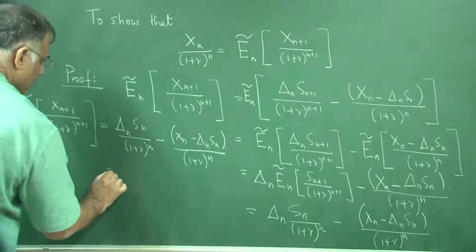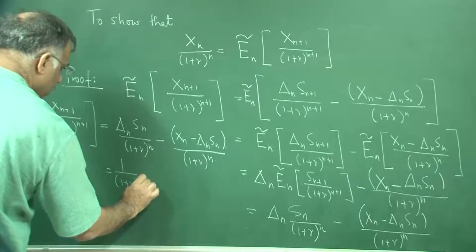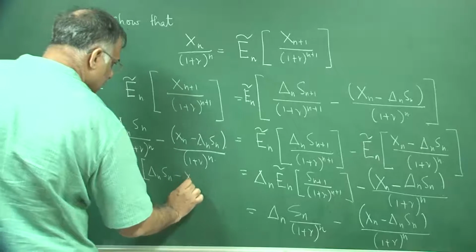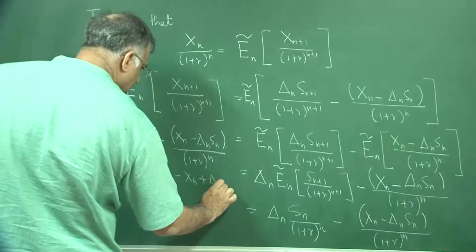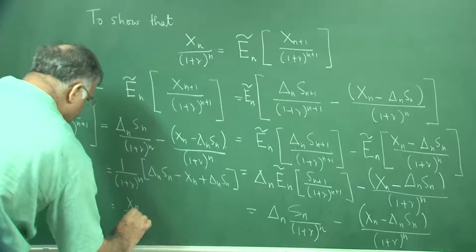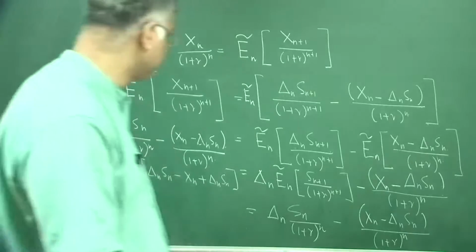So, what am I getting? 1 plus r to the power n times delta n Sn minus Xn plus delta n Sn. So, this is giving me Xn into 1 plus r to the power n. This is exactly what I had wanted.